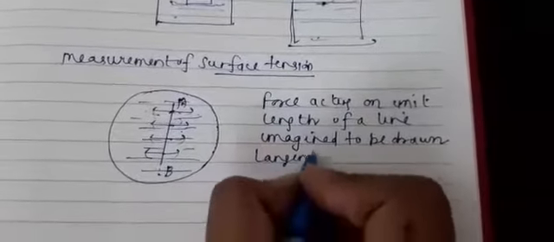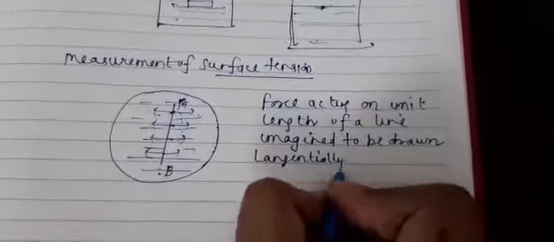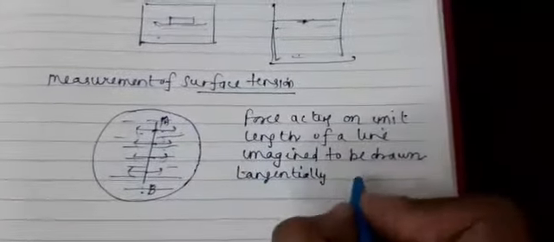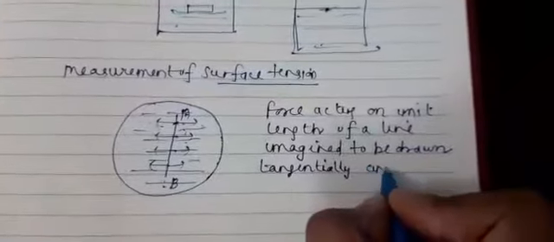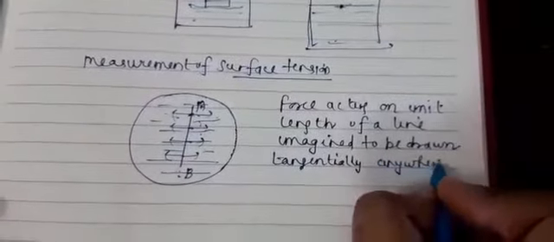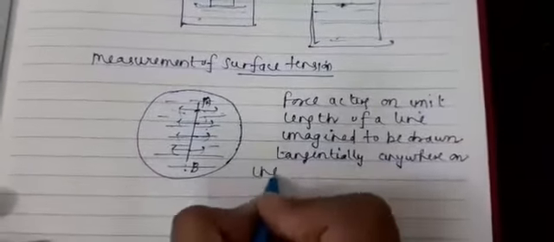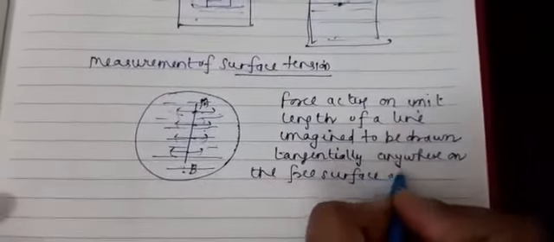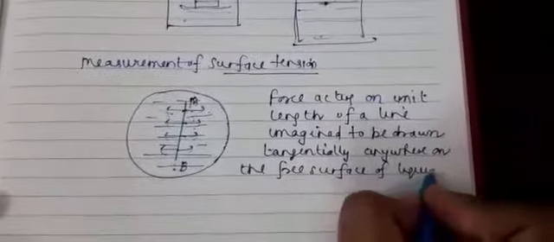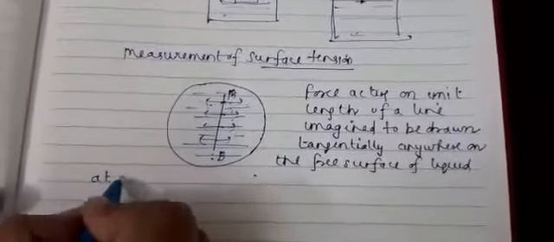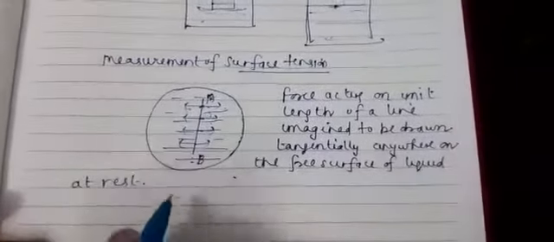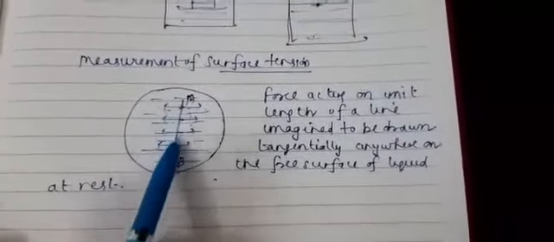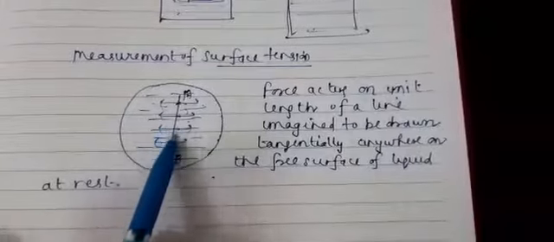Everything I am writing in the definition कि line हमने कौन सी ली है, force कहाँ लग रहा है. Of a line imagined to be drawn tangentially anywhere on the free surface of liquid at rest. So basically it is force acting on unit length of a line imagined to be drawn tangentially.